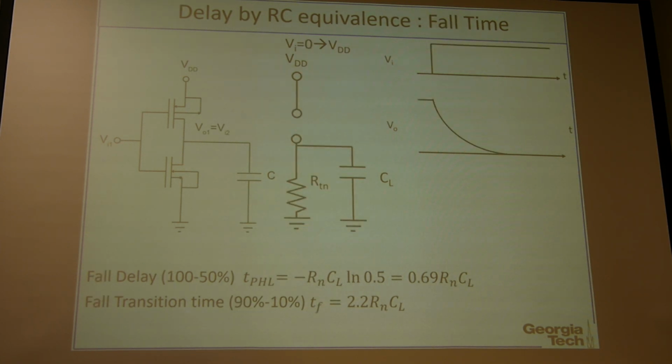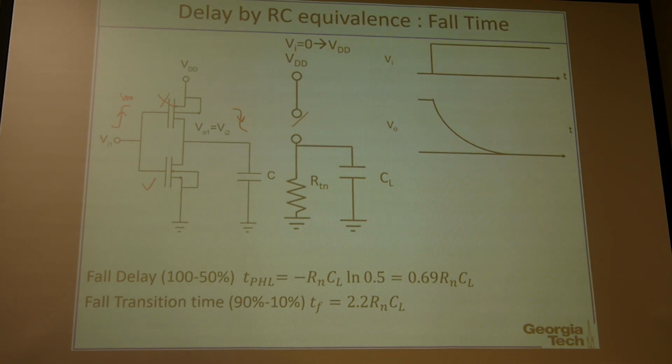All right, so then you can use the same approach for the falling edge. That is when the input is low to high and the output is high to low. So since the input is low to high VDD, the PMOS will be off, NMOS will be on.